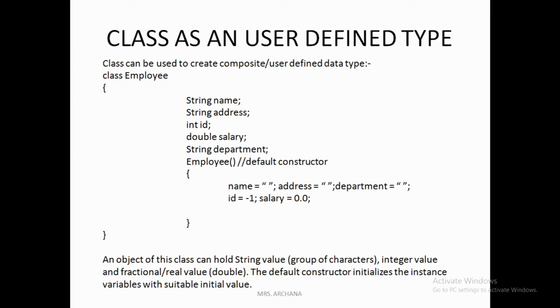In Java, different primitive data types are available, such as integer, float, double, etc. Using a class, a user defined data type can be formed which can store different types of data in a single variable. This type of data type is known as a user defined data type.